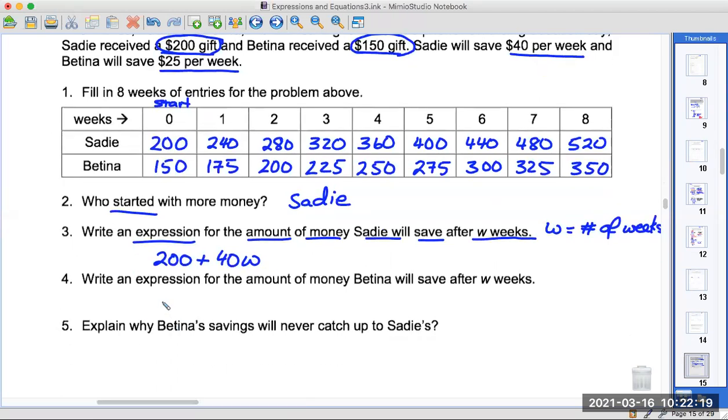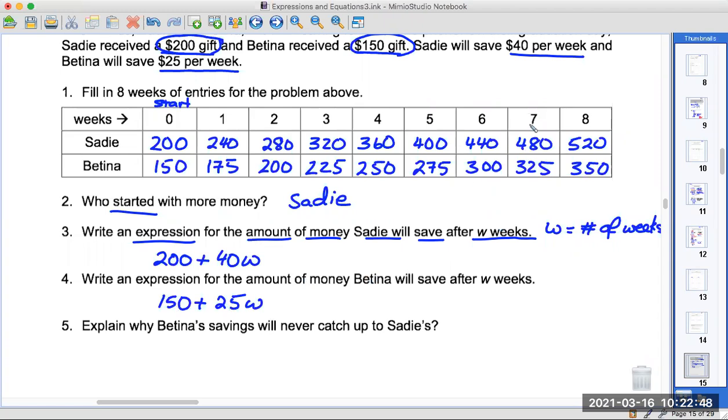And now Bettina: she started with $150 and she saves, so we're adding, she's not spending any, $25 per week. This is a multiplication part, 25 times the number of weeks. So let's say your number of weeks is 8. It would be 8 times 25 plus the 150 she started with, and you get 350.